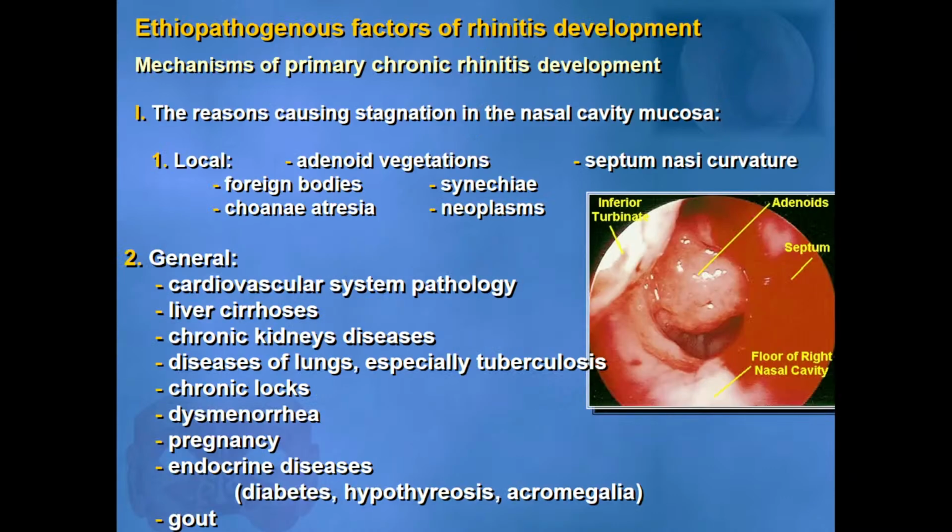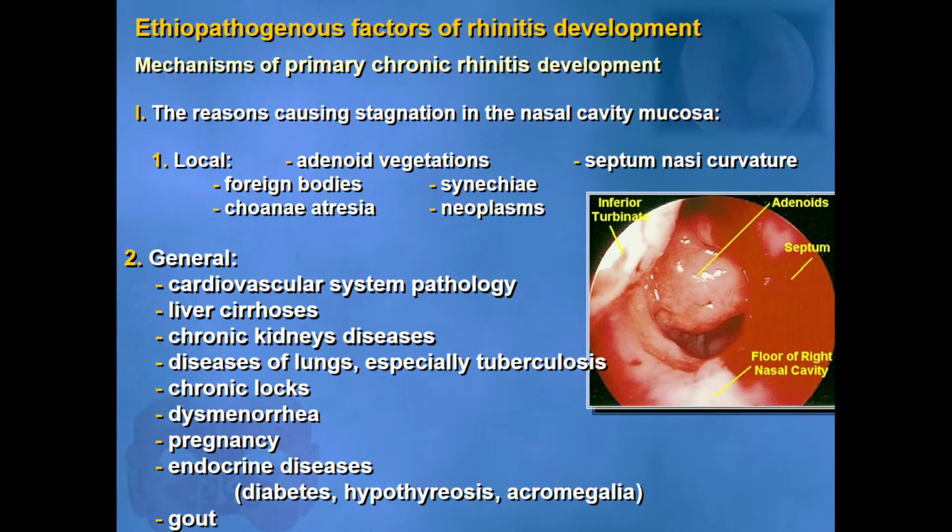So, what pathogenic factors of rhinitis exist? Mechanism of primary chronic rhinitis development. Firstly, the reasons causing stagnation in the nasal cavity mucosa.